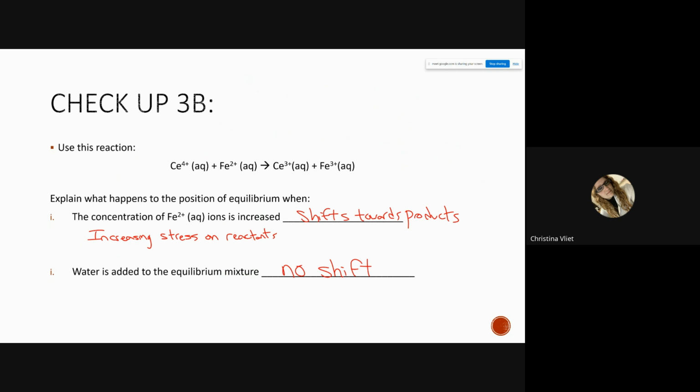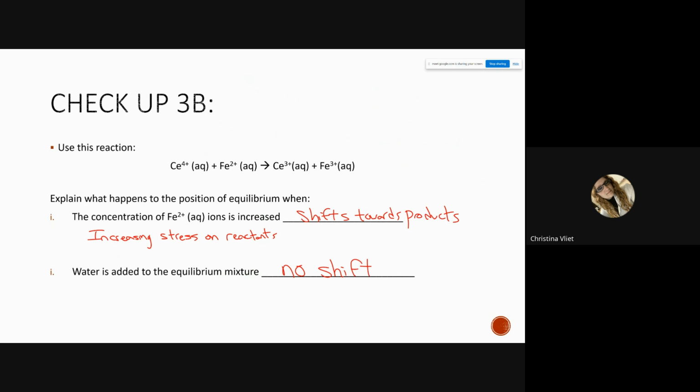Then it would matter if this was a solid and you had two aqueous over here and one aqueous over there. Then you've got more water on this side, so it would be diluted, which would lower the concentration and it would go that way. So it has to do with dilution. Dilution means lower concentration, but everything is diluted equally here. So that's why no change.